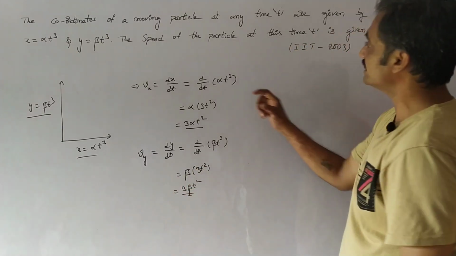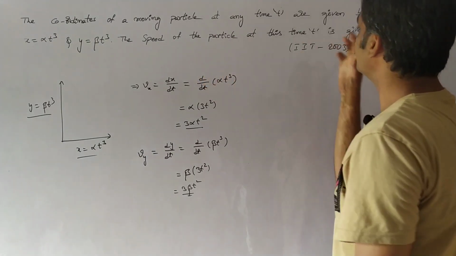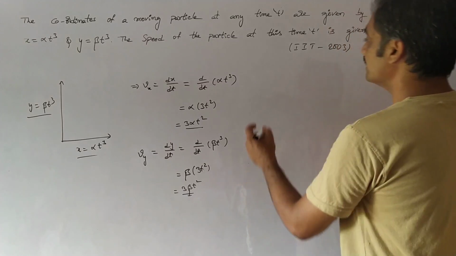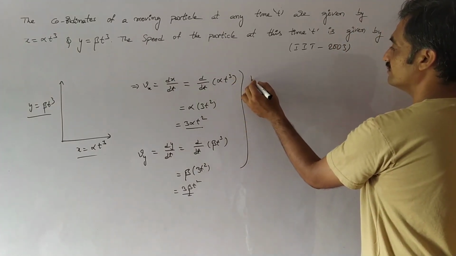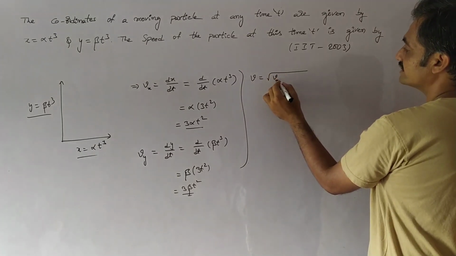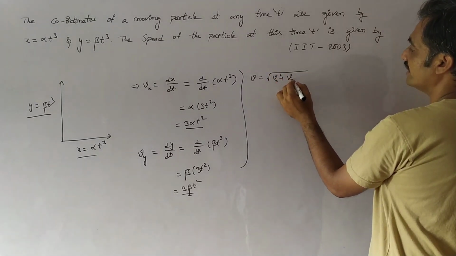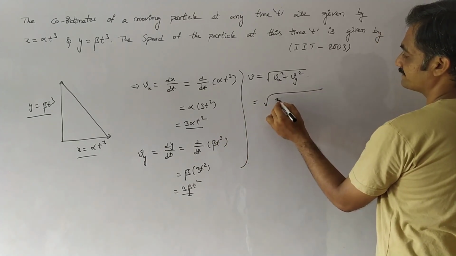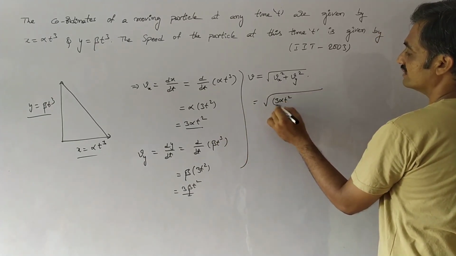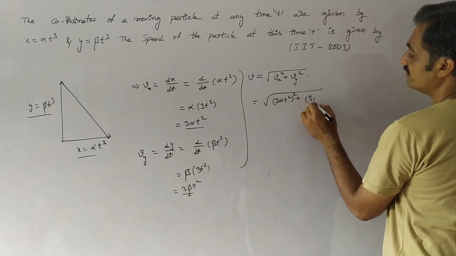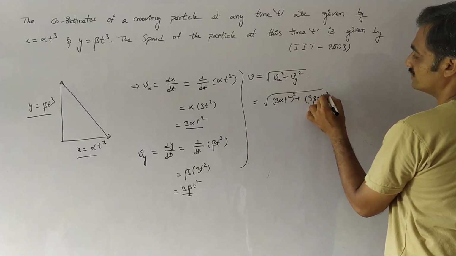Now we have to represent the speed of the particle at this time. The speed of the particle is given as v equals under root of vx square plus vy square, where vx equals 3 alpha t square, whole square, plus vy square is nothing but 3 beta t square, whole square.